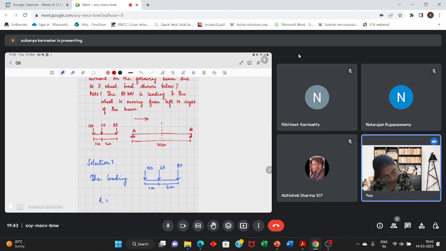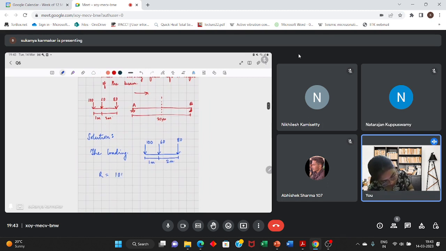I'm calling the resultant load R. That is simply the summation of all the loads, which is 240 kilonewtons. Now I'll have to calculate the position of this resultant load. So let the resultant load act at some x meters from here, and let the resultant load act here.